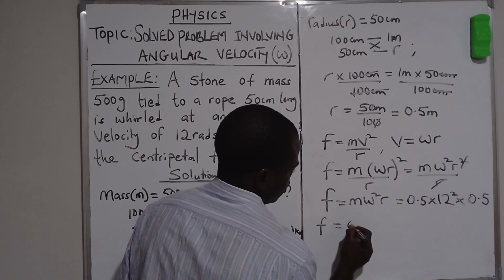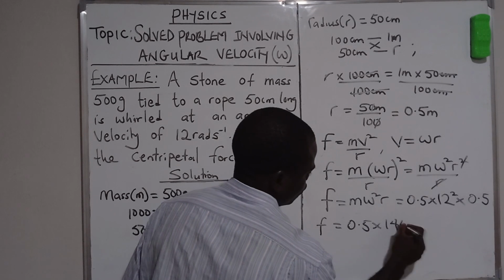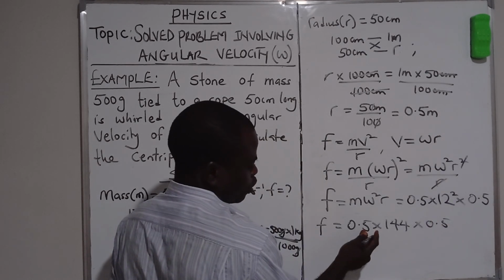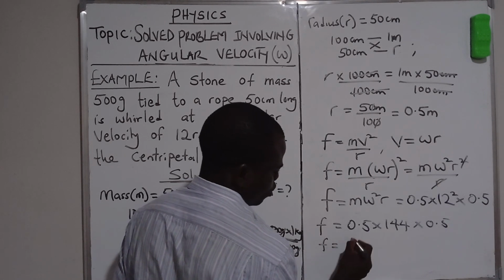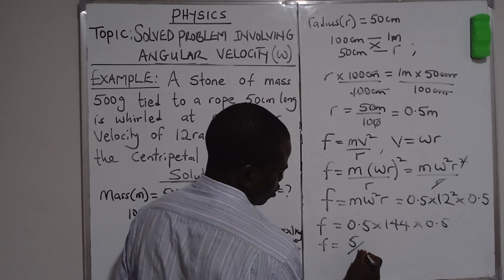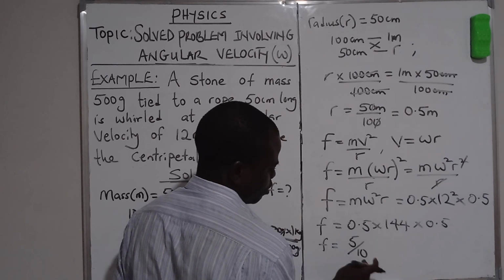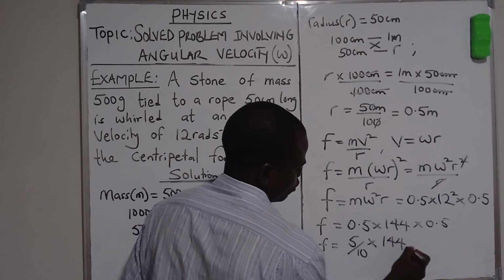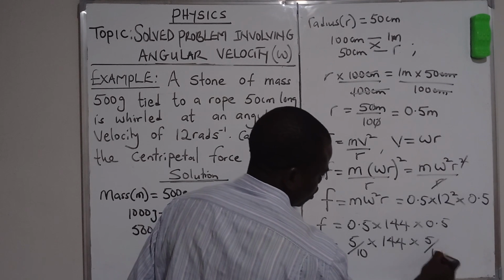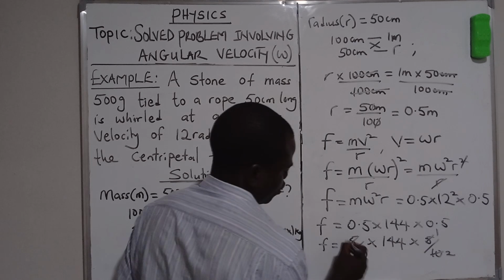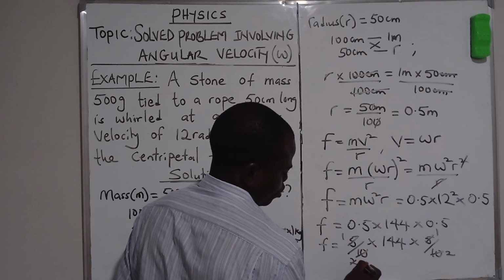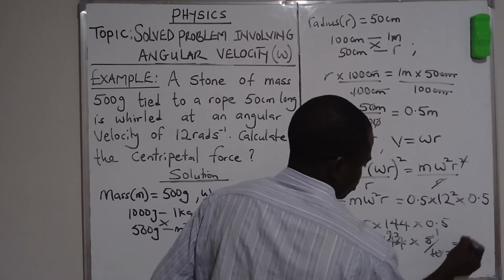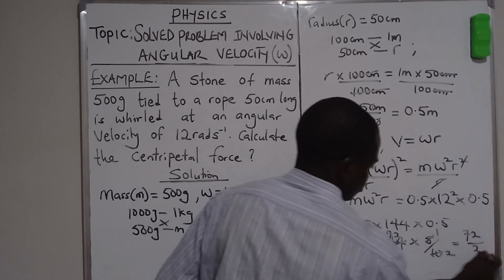F now equals 0.5 times 144. 12 squared is 144, times 0.5. Let's turn 0.5 to half. Understand? F equals 5 over 10 times 144. With one figure after the decimal, you add 1 zero. 144 times 5 over 10: 5 times 4 is 20, and so on, giving 720 over 10, which is 72 over 2.